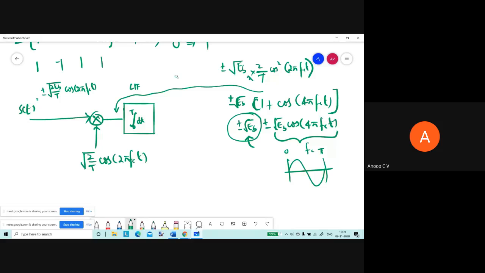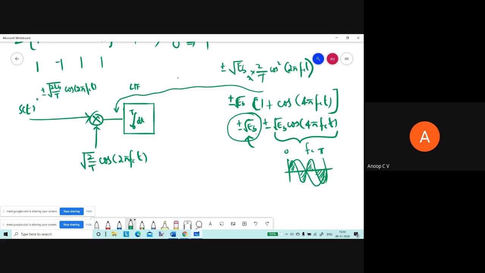What if the frequency is 2 FC? Over this period, we will have two complete cycles. So if you integrate it, there are equal positive and negative areas, and it will get cancelled. Or if you see it as a low pass filter, this is a DC term.